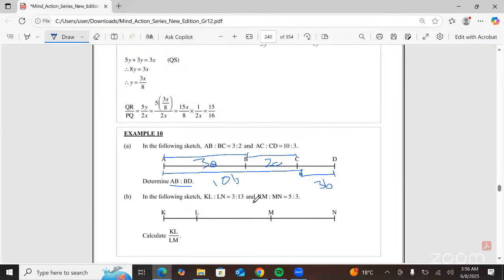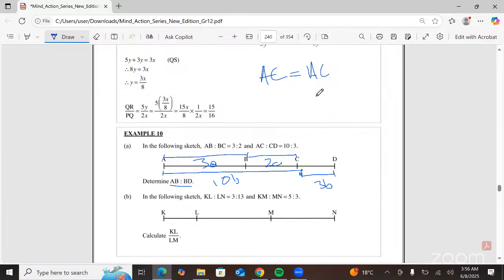Then we find the common relationship between AD and AC. We say AB is equal to AB, and AC is equal to AC.